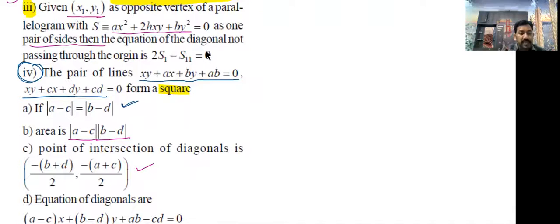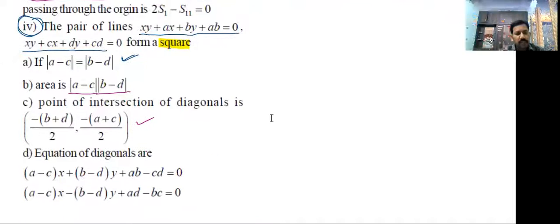Also observe that the equations of the diagonals are (a - c)x + (b - d)y + ab - cd = 0. In a square, the diagonals are perpendicular to each other.